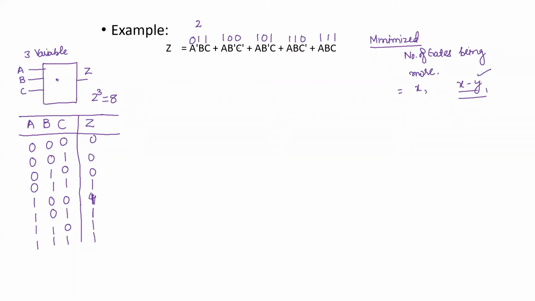Then 1, 2, 3, then 2, then 2, then 1. And we require 2 OR gates. If multiple input gates are available, it means you have an OR gate with 4 inputs. But in the lab you will find OR gates with only 2 inputs, so the number of gates required will be much more.